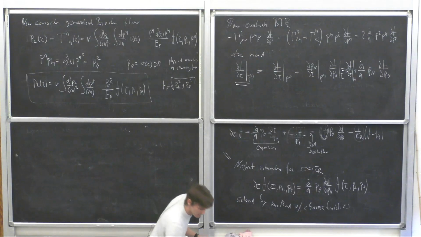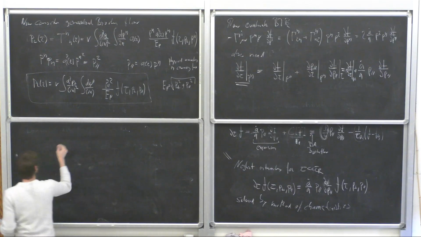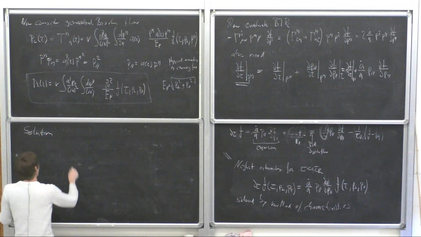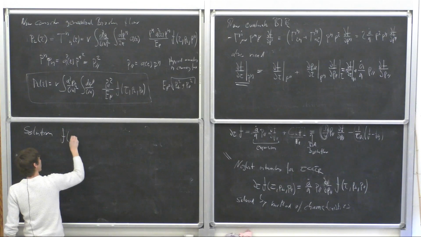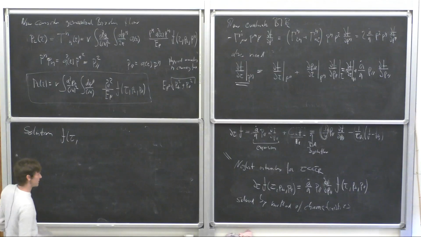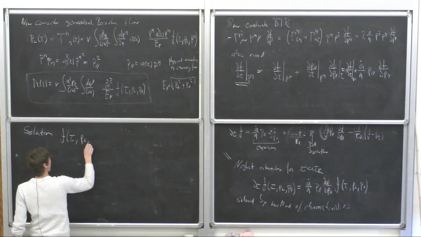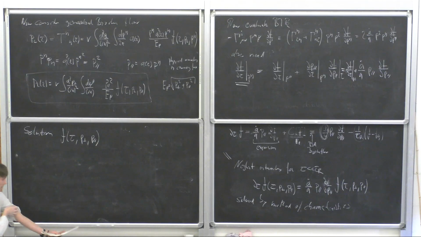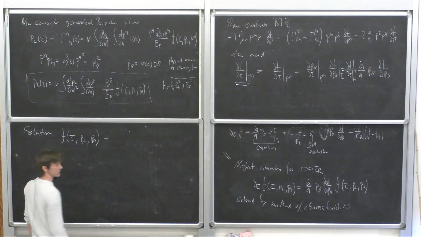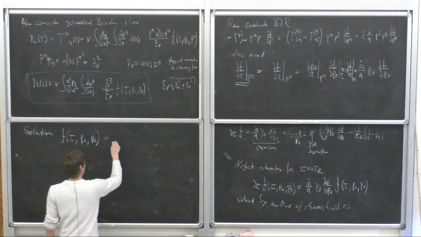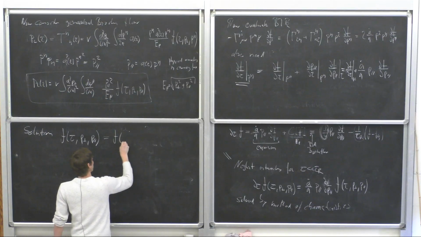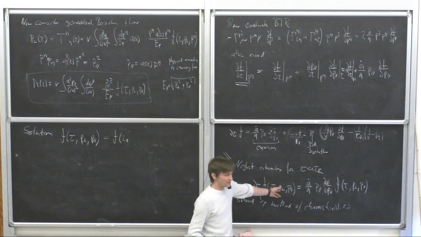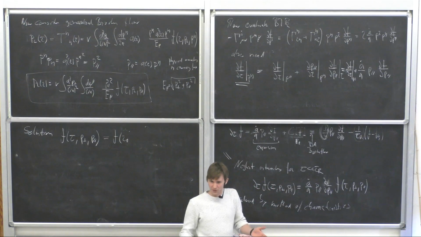Let's have a look. The solution is very simple. If I look at my distribution as a function of time, transverse and longitudinal momentum at some given time, and I want to relate this to what I had at an earlier time, that I'm going to call tau naught, then nothing happens here to the transverse momenta of my particles.